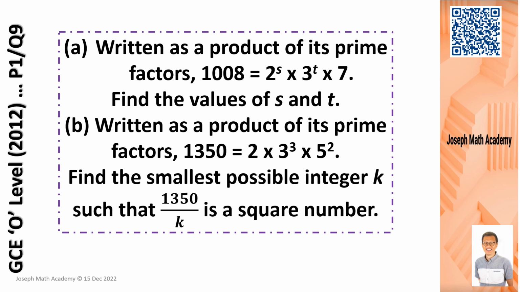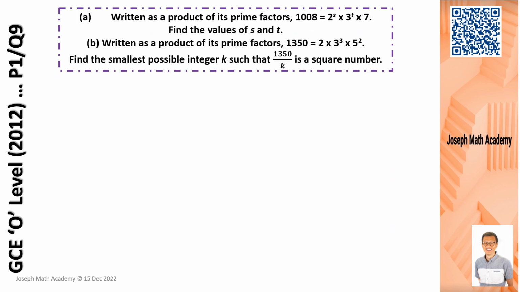Okay, all right, there goes. Question A. Written as a product of its prime factors, 1008 is 2 to the power of s times 3 to the power of t times 7. So s and t are unknown numbers.